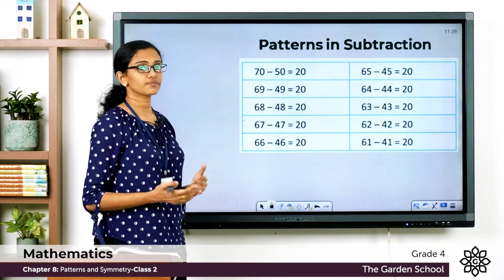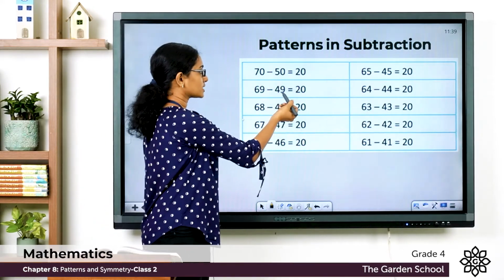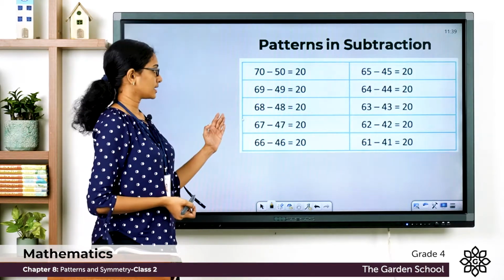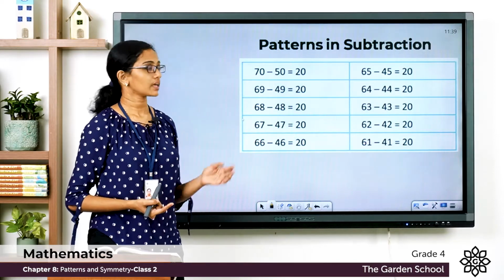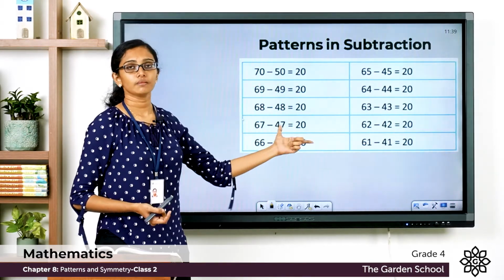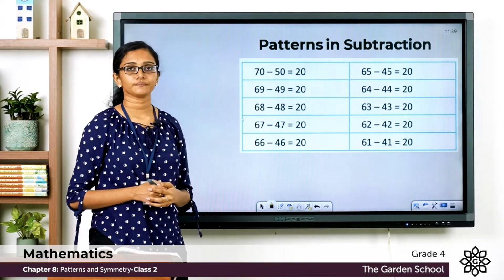Again 1 is subtracted from both numbers: 69 minus 1 equals 68, 49 minus 1 is equal to 48. Taking the difference, we get the same difference. So here 1 is subtracted from both the minuend and the subtrahend and you get the same difference each time.